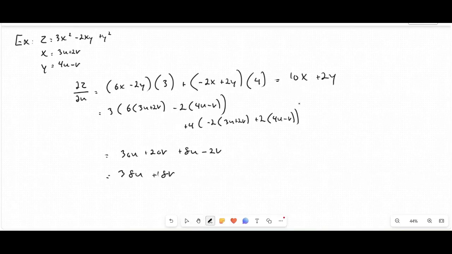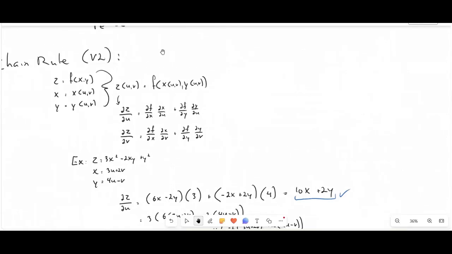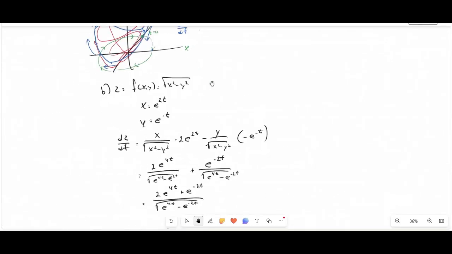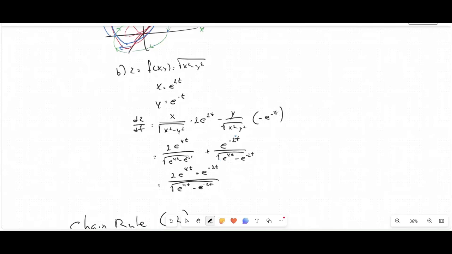So there are times when you might not want to do this arithmetic to get to this answer. And it's also perfectly okay to leave your answer in terms of x and y. So this is good. This is good. And also, by the way, with these earlier ones, you can leave it mixed. If you left it like this, with x and y and t, it's a little bit clumsier, but it's also fine.